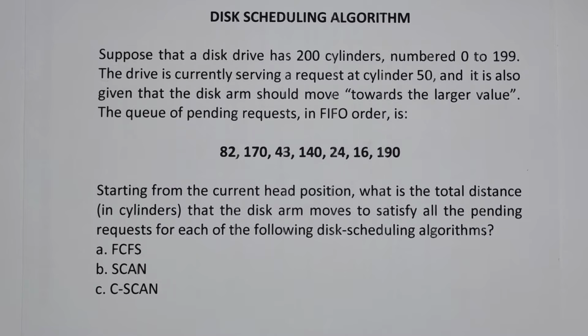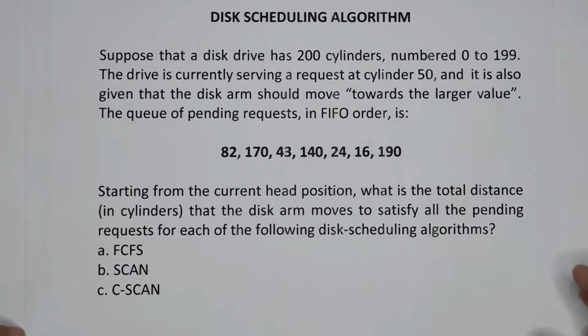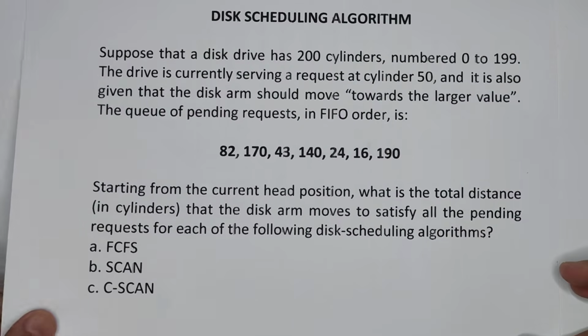Starting from the current head position, what is the total distance in cylinders that the disk arm moves to satisfy all the pending requests for each of the following disk scheduling algorithms? Of course, the algorithms that we have are the FCFS, the SCAN, and the C-SCAN, as I mentioned earlier. So let's start with first come first serve, or the FCFS.